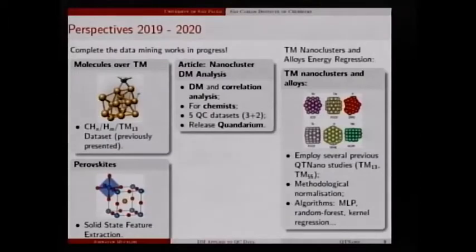Then I will start to work with transition metal clusters from the point of view of energy regression analysis. Then it's completely inside machine learning and not data mining.